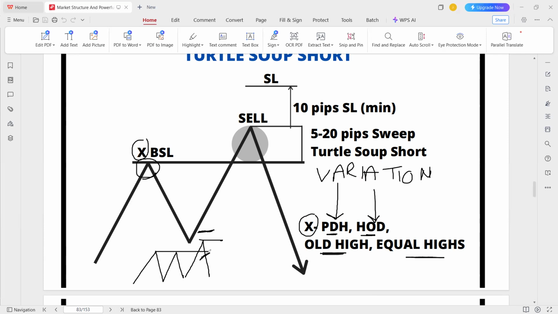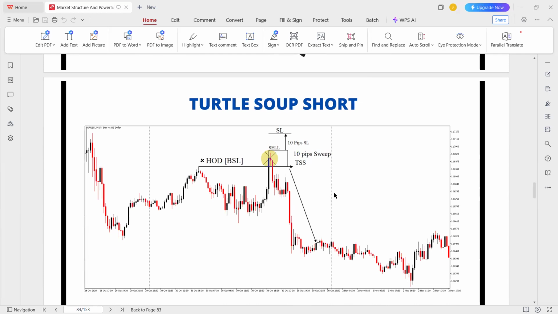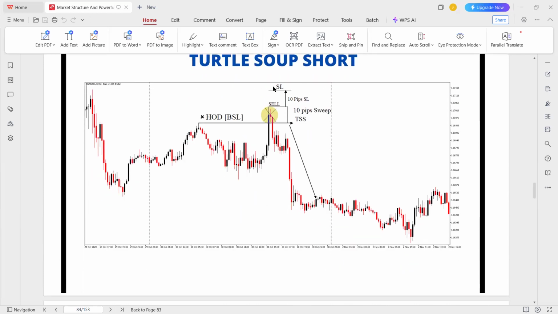Your entry has to be after the price has confirmed that this was a liquidity sweep. So a Teto sweep short, this is the actual chart illustration, mainly visible on the M15 time frame. So if you're a day trader, pay attention to the time frames you trade on. Pay attention to the time frames you execute on.